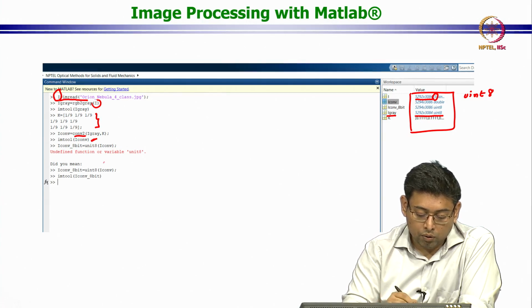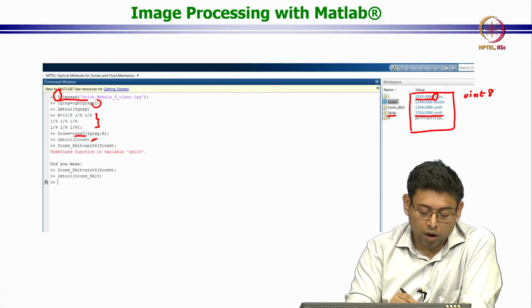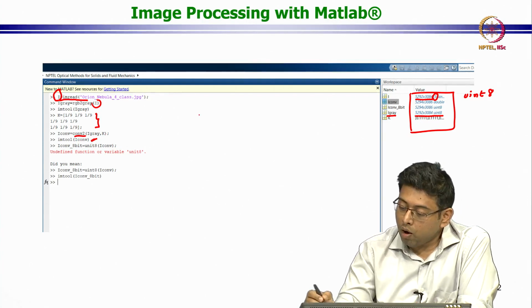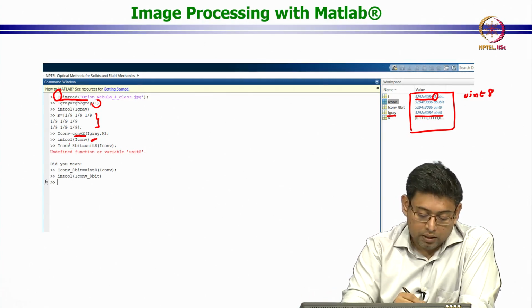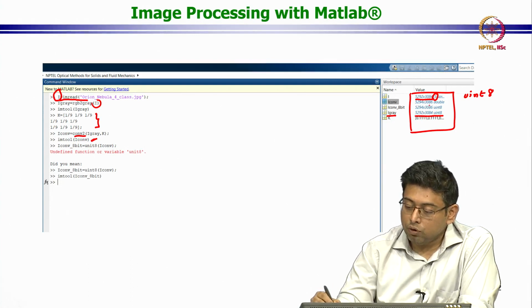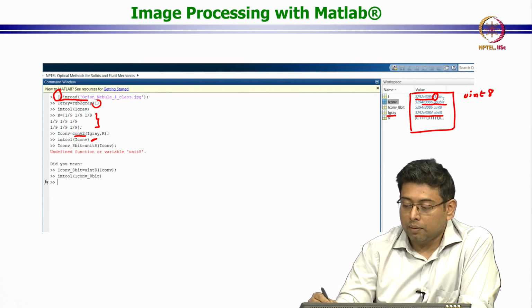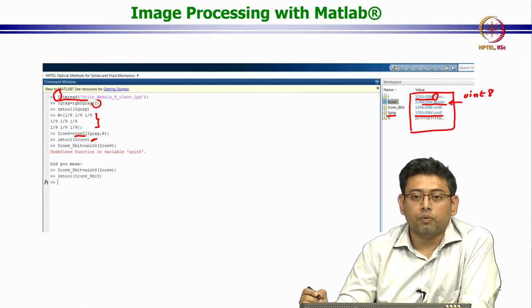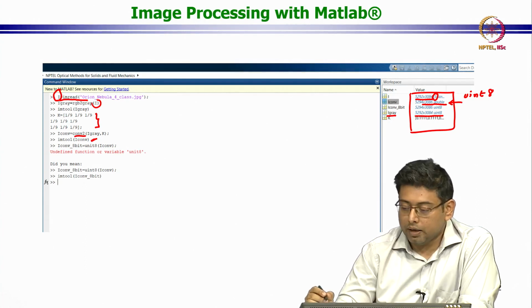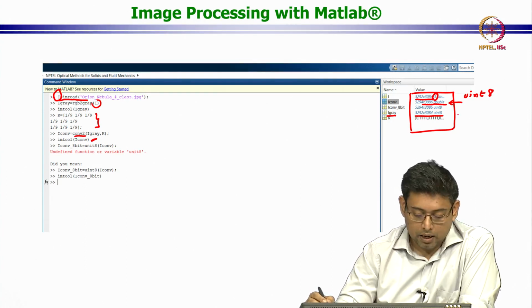Now this doesn't work very well, because the problem with conv2 is that when you do the convolution, you end up getting a matrix where the entries are double. This will not work when it comes to images, because all the matrices must be similarly formatted. They must be formatted as uint8 matrices.